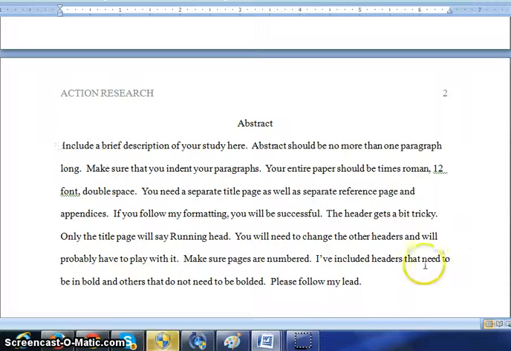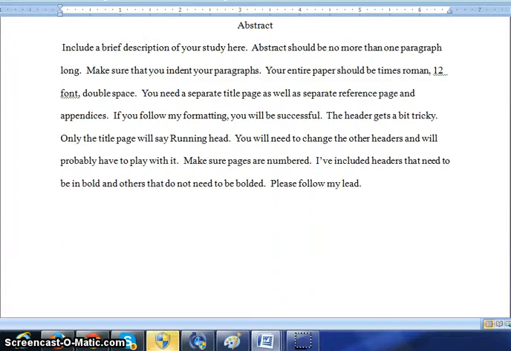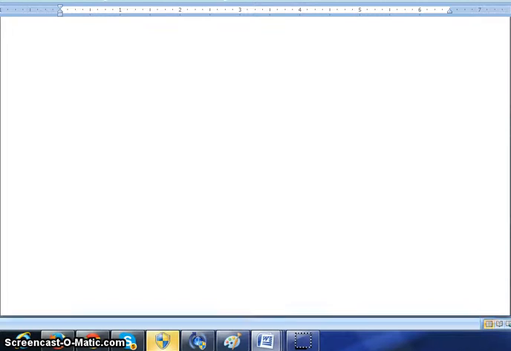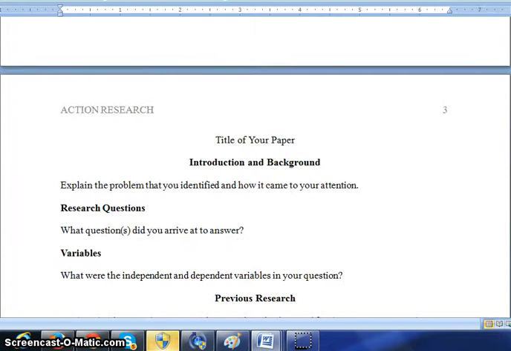They need to be bold, and then some others that don't. Okay, you'll put the title of your paper, and make sure when you include the title of your paper that all words are capitalized. 4 letters and above will be capitalized.